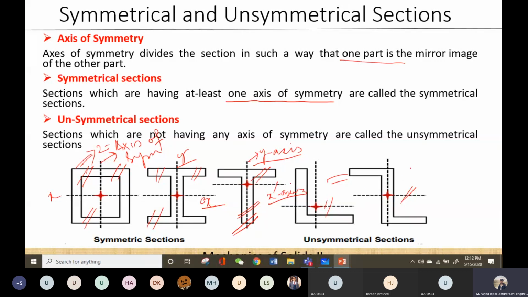And not just a straight axis, you can also try dividing the section into inclined shapes by passing an inclined axis through them. Whichever axis you pass through them, there won't be any orientation around which one part forms the mirror image of the other part. So these are basically the symmetrical sections and unsymmetrical sections.